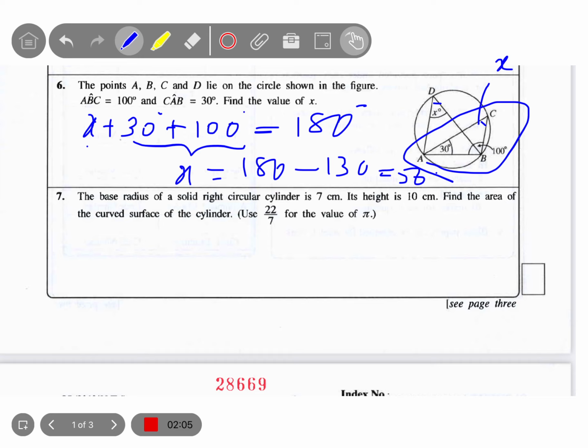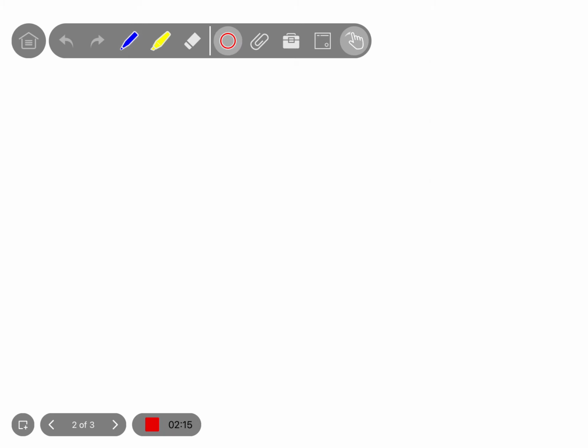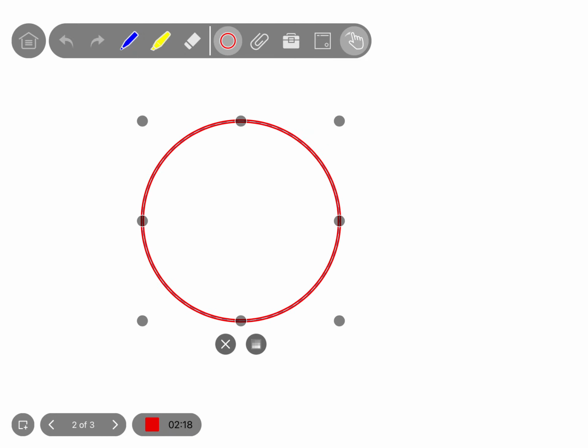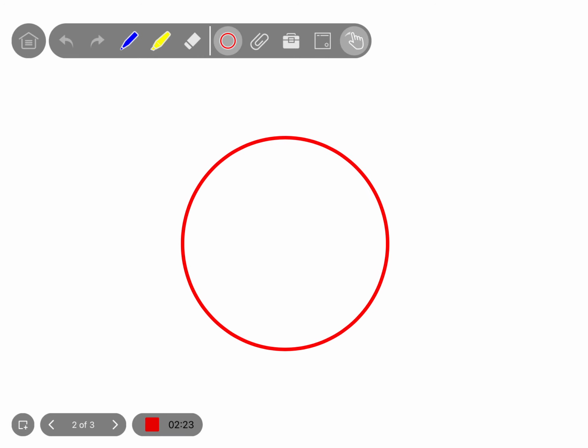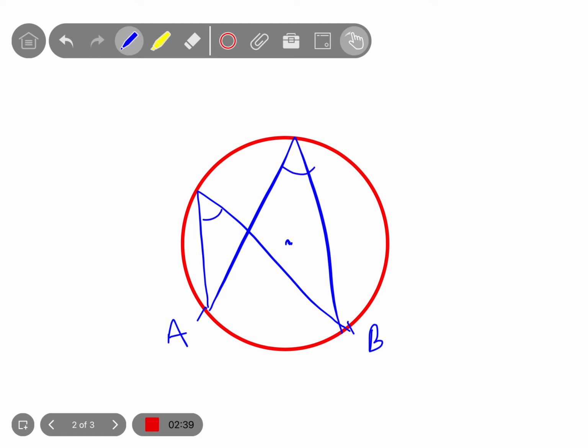Let's try to quickly remind ourselves about some of the fundamental circle related geometry, right? So this is a circle. Now let's say you have the center of the circle and 2 points A and B. The theorem states this angle is equal to this angle and this angle and this angle.